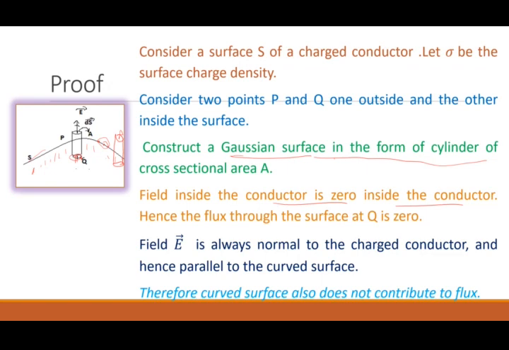At this point, if you consider electric field, it must be in this direction, or any other curved part, parallel direction electric field. Therefore, from the curved surface, flux will be 0. Therefore, the curved surface also does not contribute to flux.